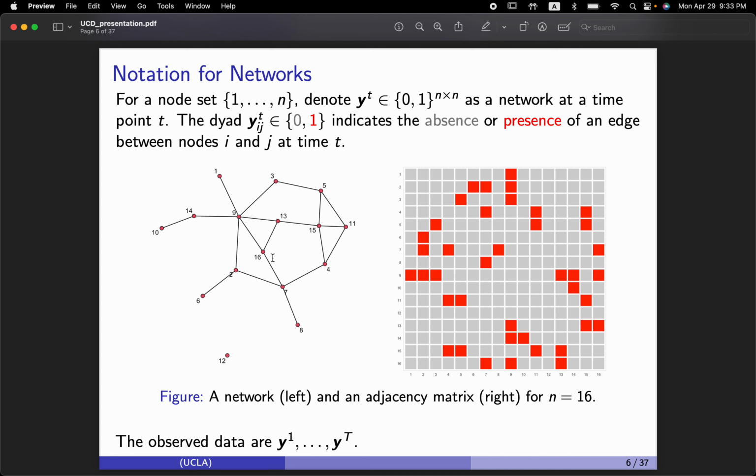Here we are looking at a graph and also the associated adjacency matrix for the same graph. The rows and the columns correspond to the nodes, and the entries in red indicate that there's an edge between two particular nodes. Here, the observed data are Y_1 to Y_T, a time sequence of networks.